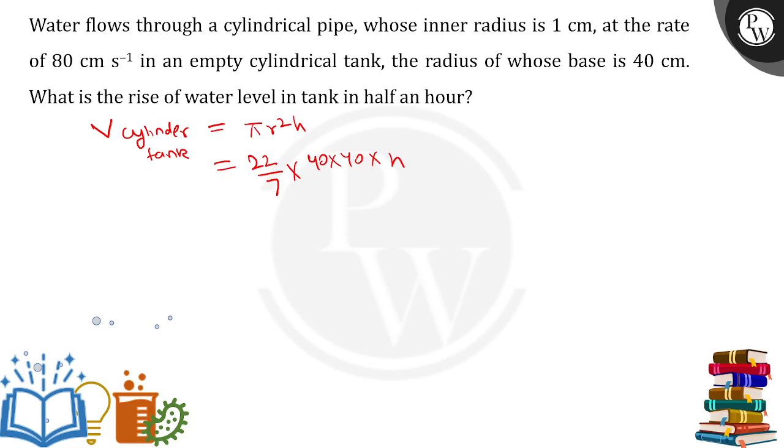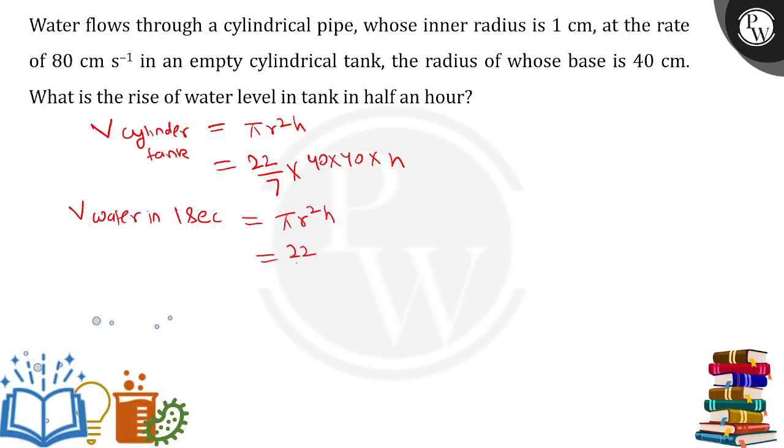Fair enough. Now, in the cylindrical pipe, the volume of water that will go through in 1 second, since it's a cylinder, is pi r square h over there as well.